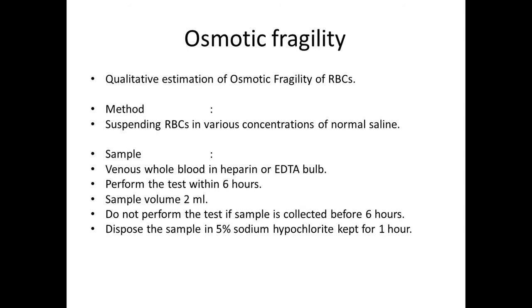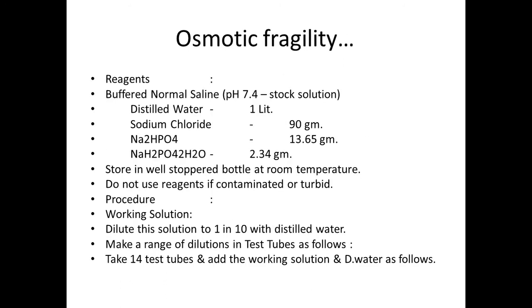So, what do we do in this method? We suspend RBCs in various concentrations of normal saline. The sample is taken from venous blood, kept in heparin or EDTA. After collection of the sample, we perform the test within 6 hours. What are the reagents?